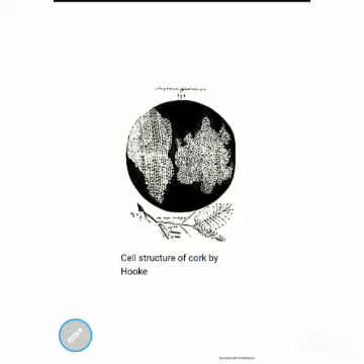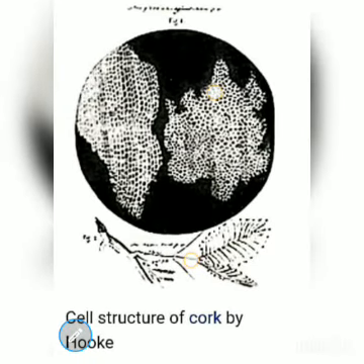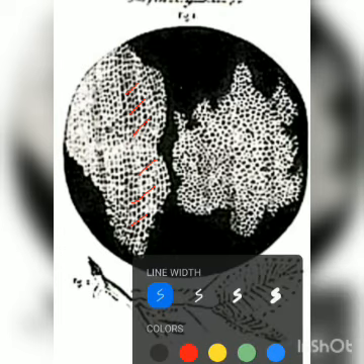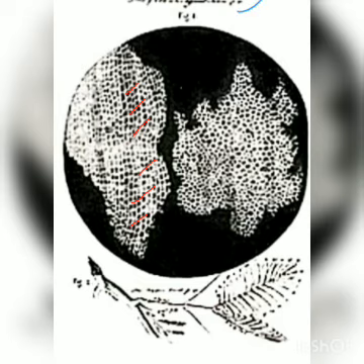Robert Hooke saw this type of cell under the microscope. Look here where I am marking: these are small chambers inside the thin slice of cork, very small quadrilateral chambers, like the chambers present in a beehive. Such a structure Robert Hooke saw under the microscope by taking a thin slice of cork.